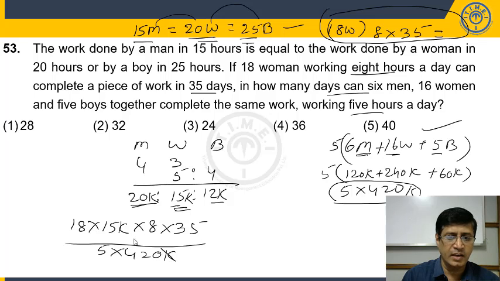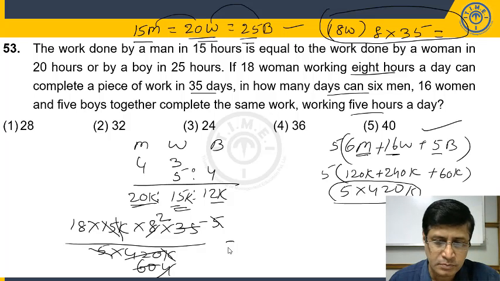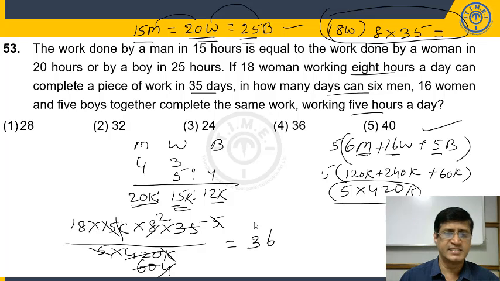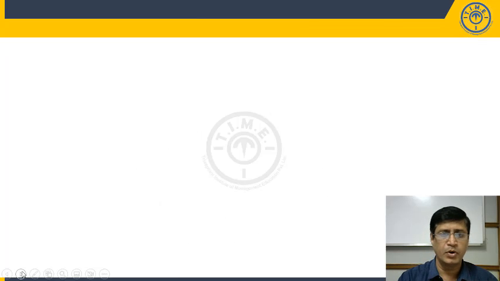Now K and K we can cancel. 7 times, 7 here, 6 times. Now 15, 4 times, 4 here, 2 times. Now 5 and 5 get cancelled. Remaining is 18 into 2, that is 36. So the right choice is option number 4. Choice 4 is the right answer. Now look at the next example on your screen.